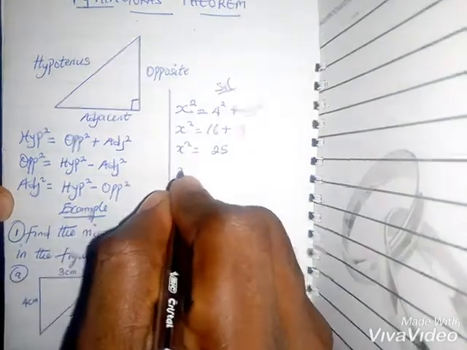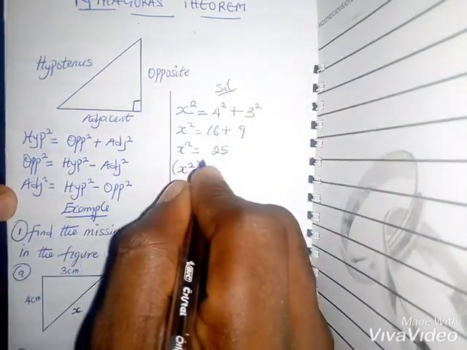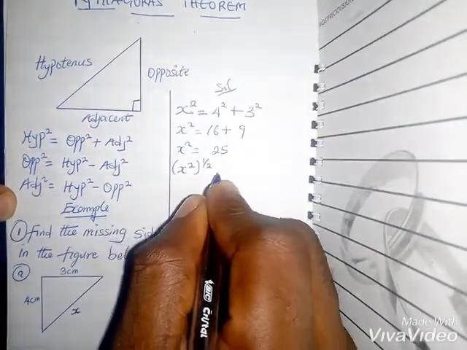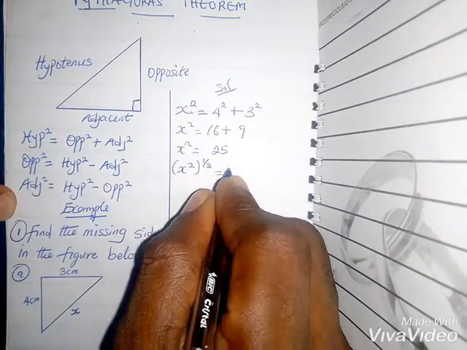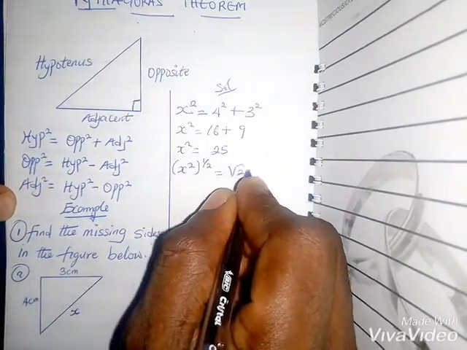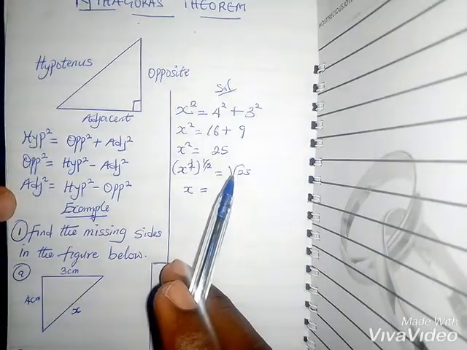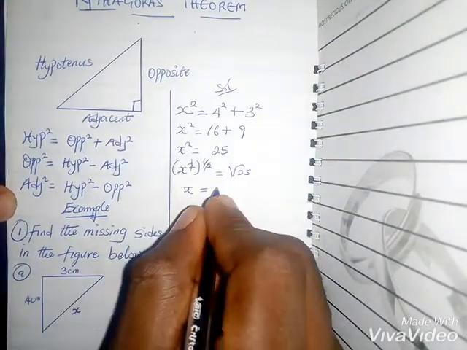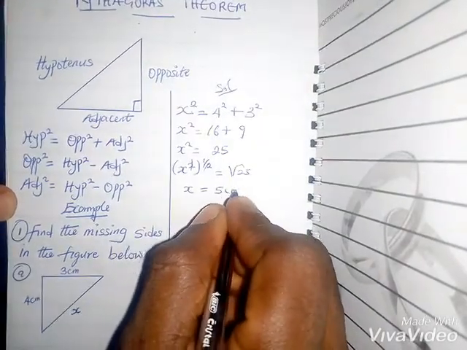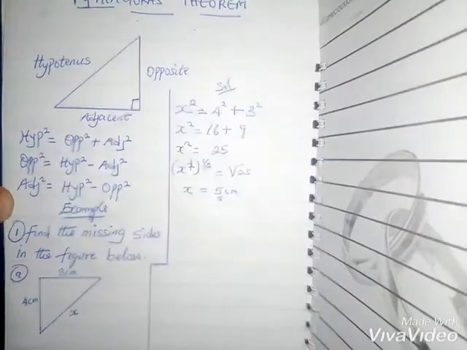Here will be x square raised to power half, according to the law of indices, equal to the square root of 25. So 2 cancels 2, and we have x equal to, now what is the square root of 25 here? It will give us 5. That means the hypotenuse is 5 cm.